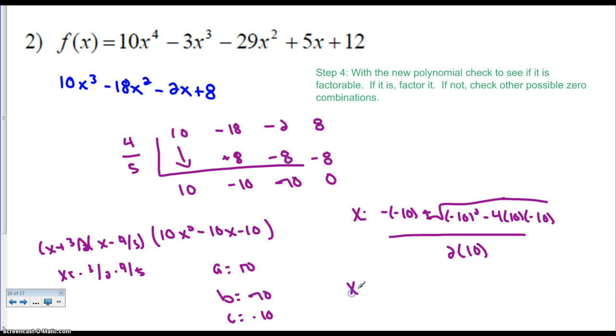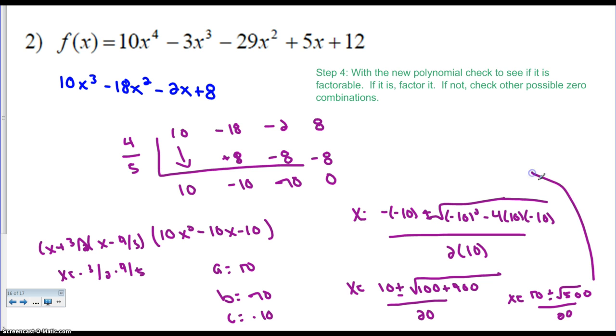When I do that, I get 10 plus or minus the square root of 100 plus 400, over 20. Which simplifies. I get 10 plus or minus square root of 500 over 20, which turns out to be x equals 1 plus or minus square root of 5 over 2.